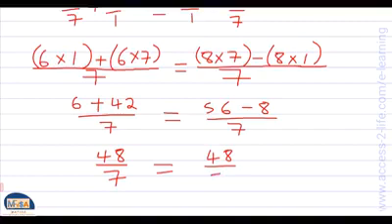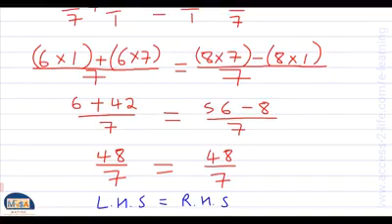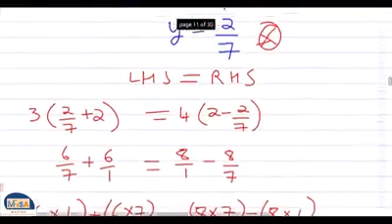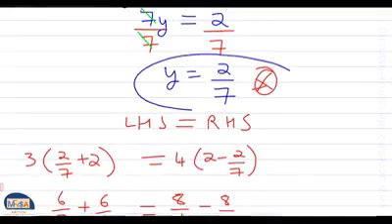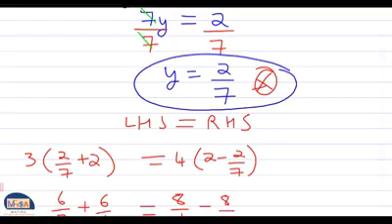So indeed it is true that our left hand side is equal to the right hand side. Therefore our value of y is indeed 2 over 7. So that is the correct answer. Thank you very much. Hope you enjoyed that.